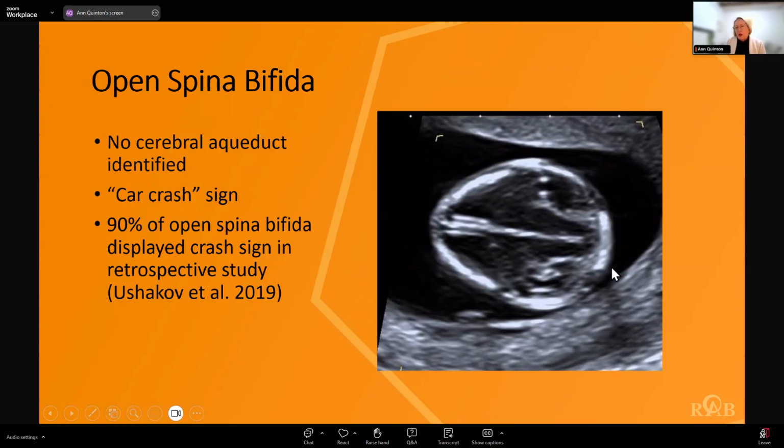And so you either get the cerebral aqueduct sitting very close to the occipital bone, or in this case, it's absent. And in this retrospective study, 90% of cases of open spina bifida displayed this car crash sign.